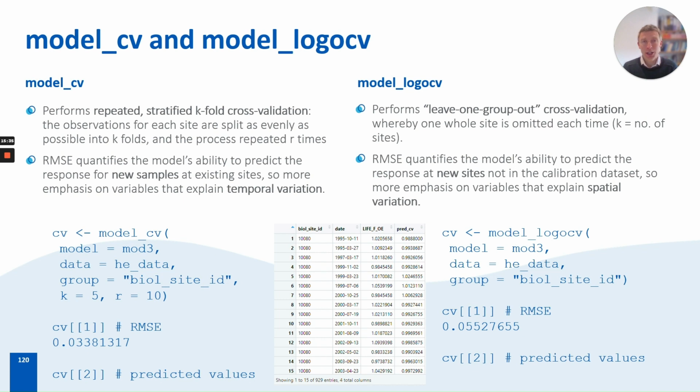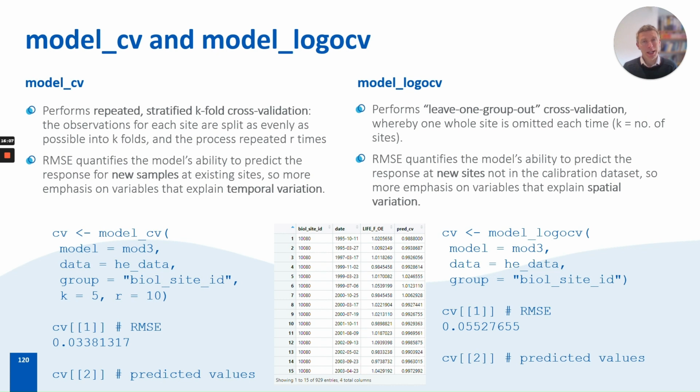Typically, we choose a value of k equals 5 or k equals 10, as that has been shown repeatedly to provide a robust measure of predictive performance. It's called a stratified approach because we're randomly splitting the observations within each site, and that guarantees that each of the folds contains at least one observation from each site in our data set. We can, if we wish, repeat that process a number of times, which is controlled by the R parameter.